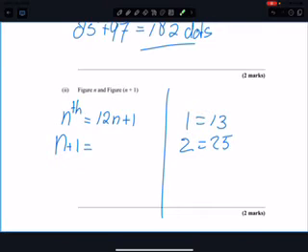What do I need to do in order to get 25 as the answer? I already have n plus 1. So I need to do something in order for my answer to be 25. I already have 13. What do I need to do for my answer to become 25?